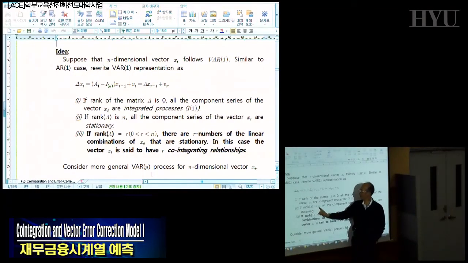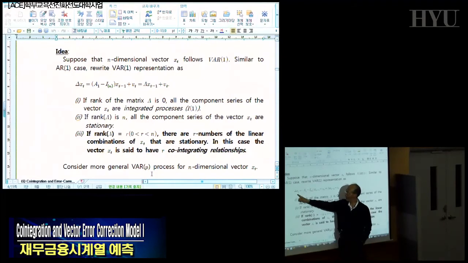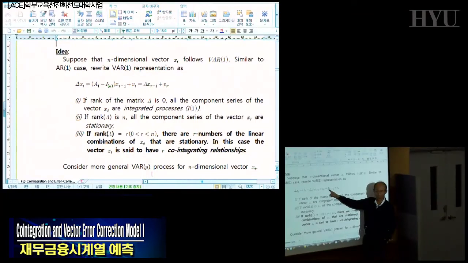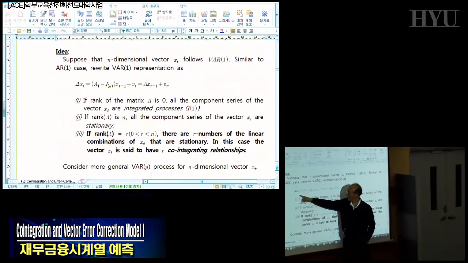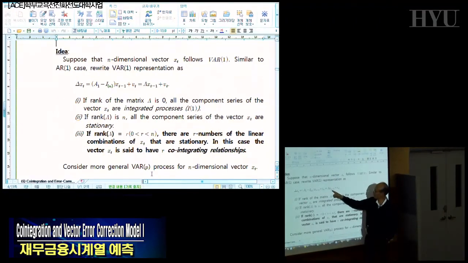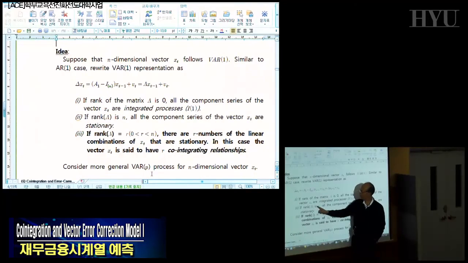If the rank is n, so there are n elements in X, so this is n by n, this is n by 1, n by 1, n by 1, n by n. Then that is equivalent to a situation where, in a univariate case, this is non-zero, and in fact all of them are non-zero.